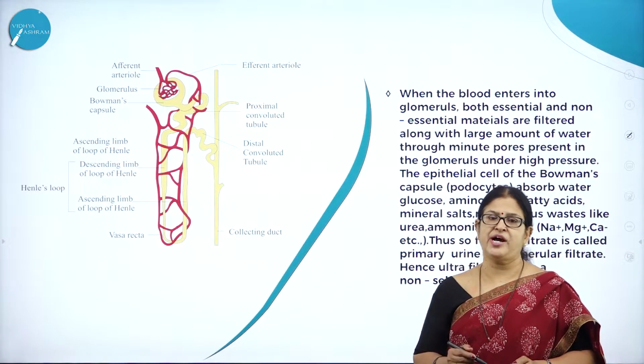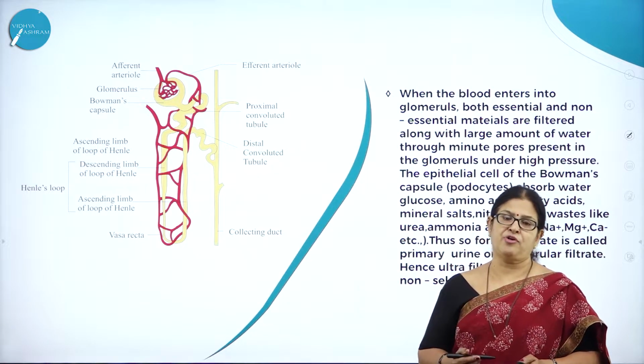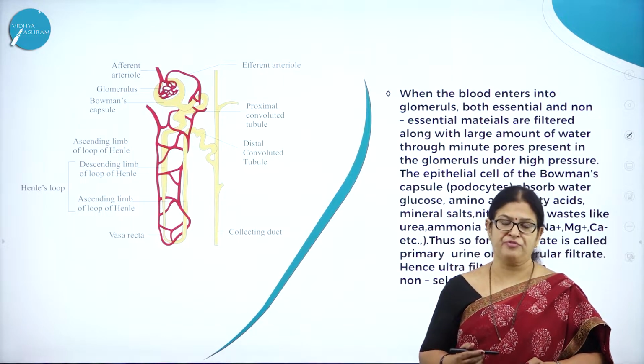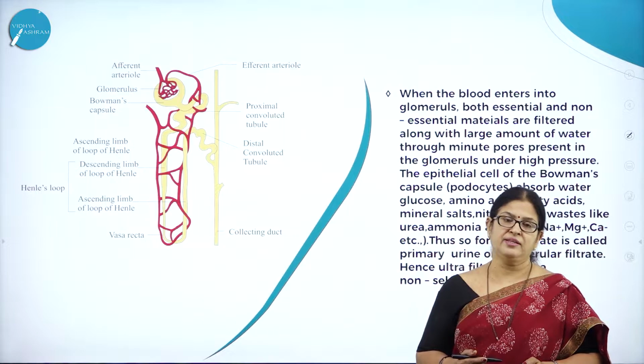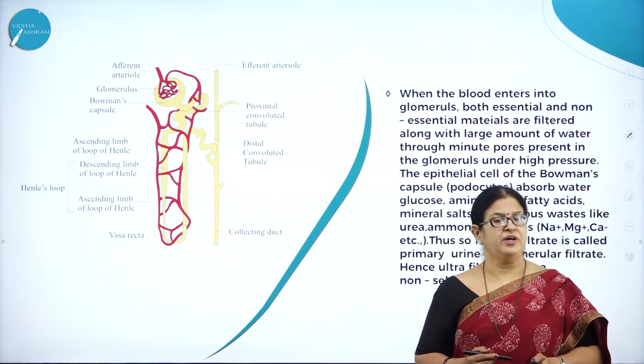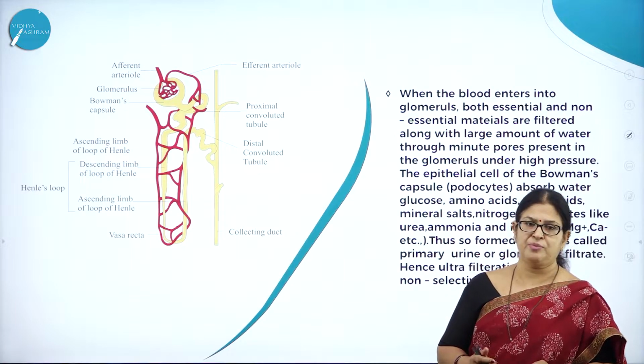This urea, which is a nitrogenous waste in humans, is eliminated in the form of urine. The process of formation of urine takes place in the structural and functional units of the kidney called nephron. The process of formation of urine in the nephron involves 3 very important processes.